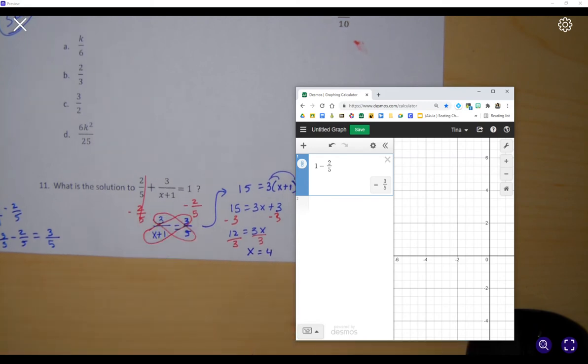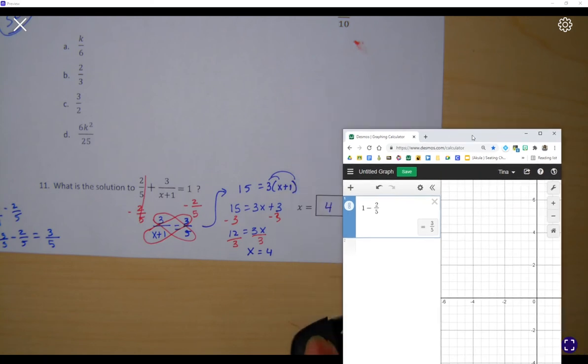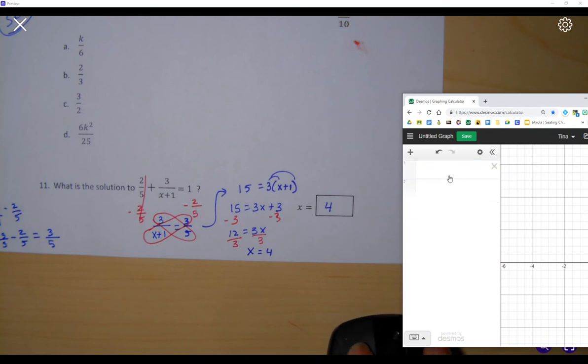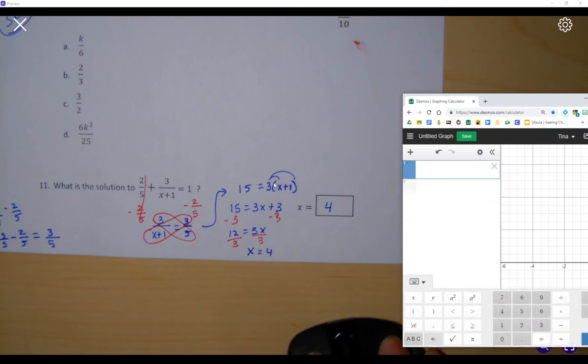I feel like someone is asking, Ms. Agula, show me a better way. Well, sure, you can definitely put this in Desmos. Oh, sorry, I was writing x equals 4. You can just take the original and skip all this. You can just put it in Desmos.